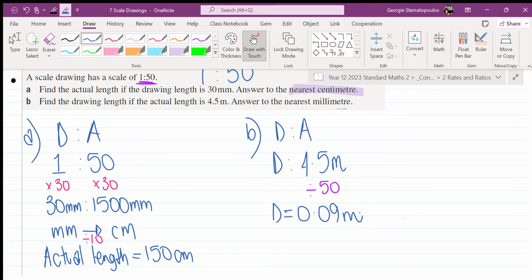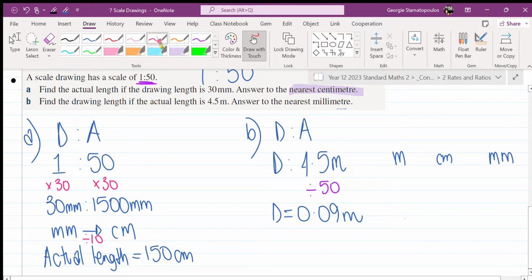To go from metres to millimetres, you can't forget about the centimetres in the middle.